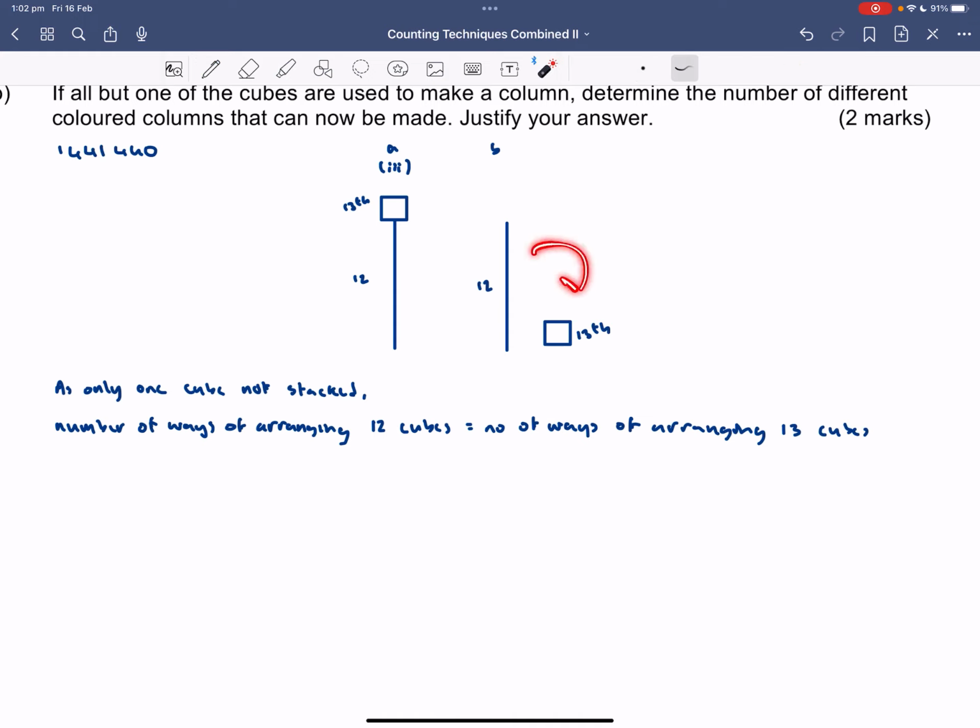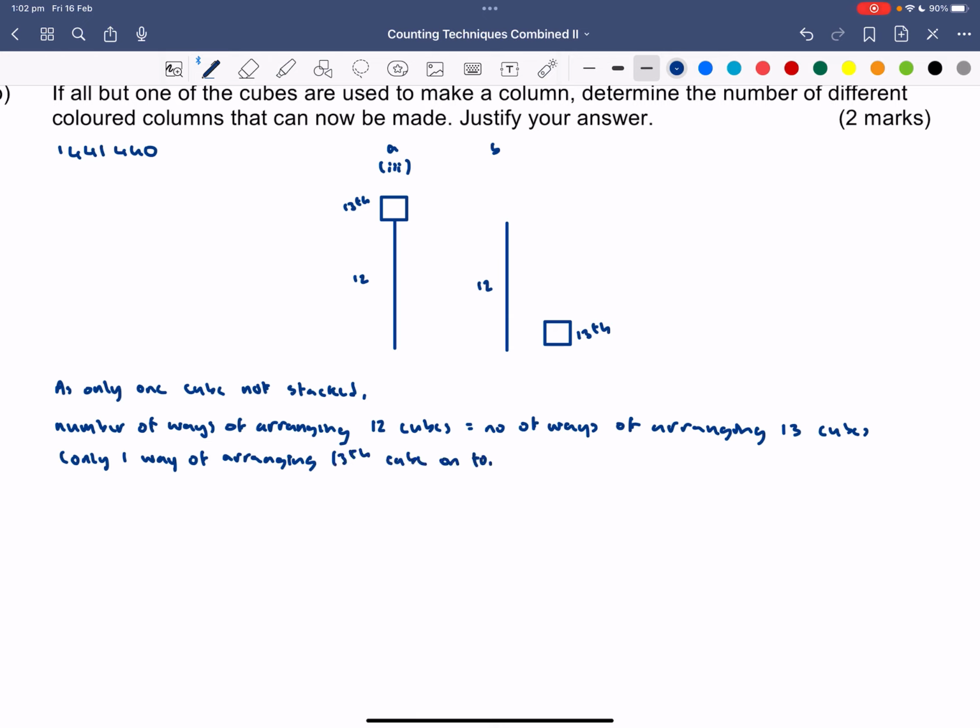If it's 2 cubes that are not stacked, that's not the same anymore, because then both on the bottom don't count as being a special position. So as only one cube is not stacked, the number of ways of arranging 12 cubes equals the number of ways of arranging 13 cubes. So you can basically say that there's only one way of arranging the 13th cube on top of the remaining 12. And that is why, therefore, the number of ways is the same as the previous answer, 1440.